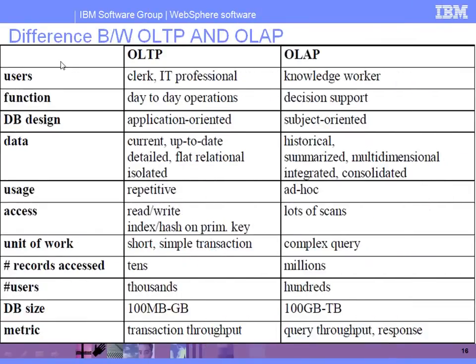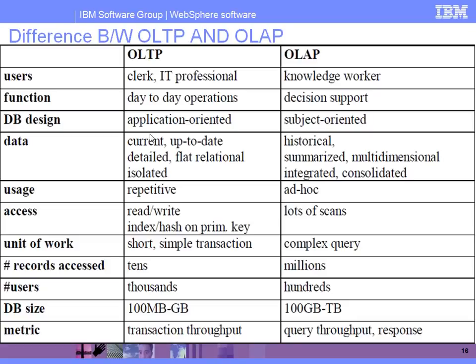Next, one more difference. Data wise, what type of data are we going to have in OLTP? In OLTP, we are going to maintain all current and up-to-date detailed transactional data.